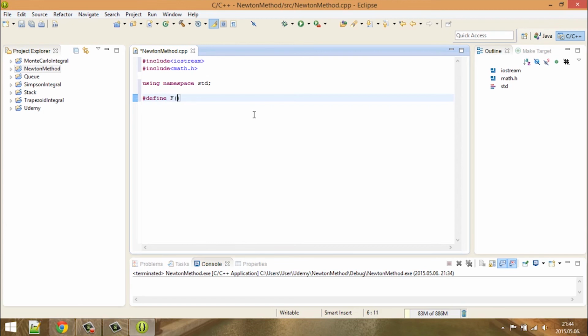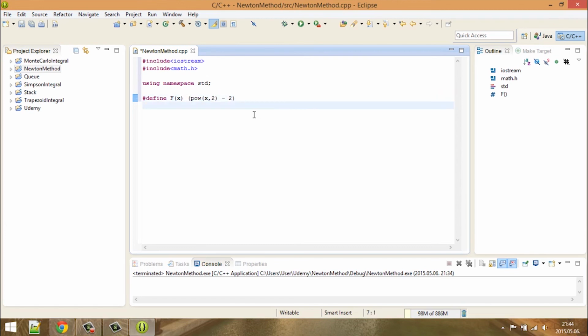the f(x) method, which will be, for example, the power of x to the 2 minus 2.